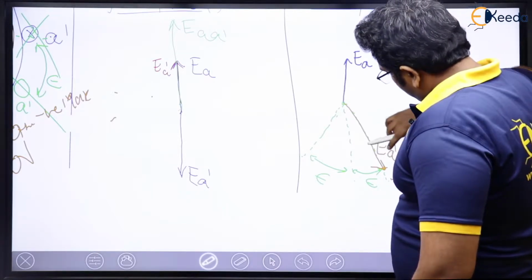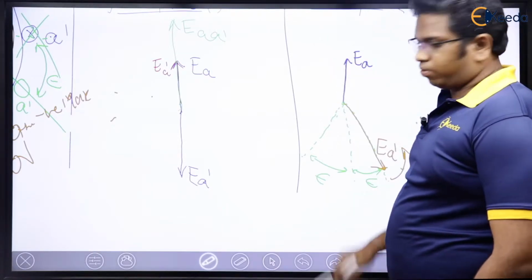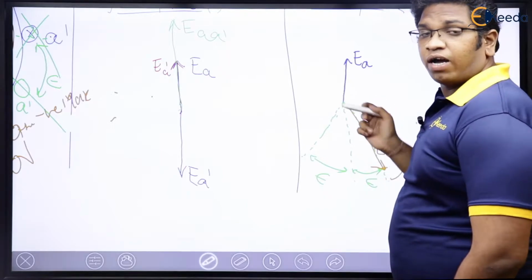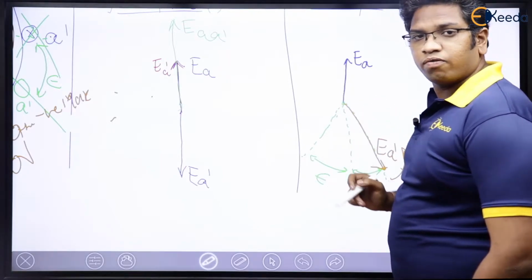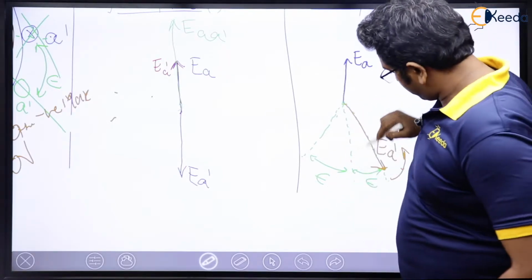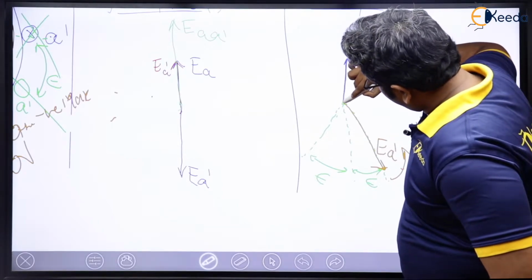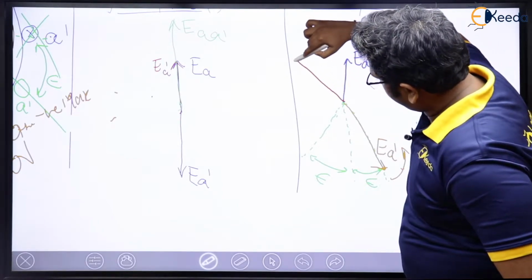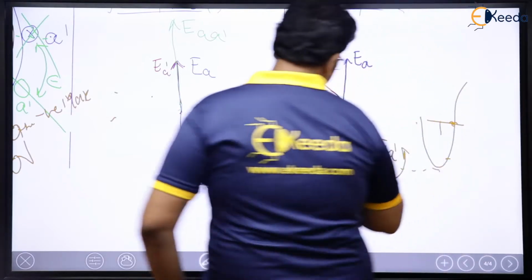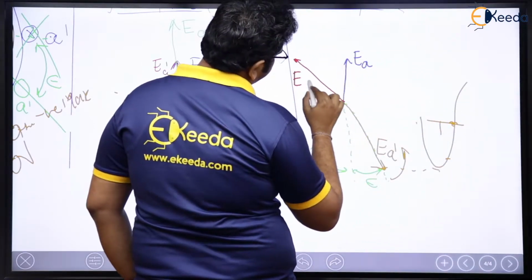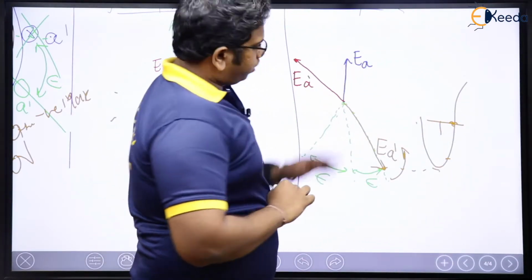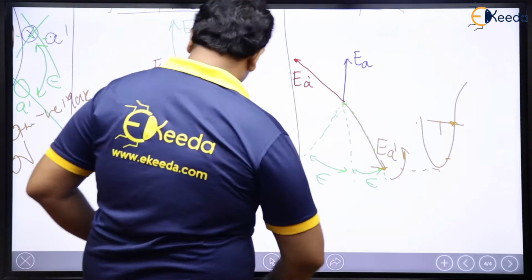Now let me flip this. Flip in the sense, why? Because of back-to-back connection, which means I have to flip this. So I am going to flip this here, this way. How much is this? EA dash. Now let us add them and see what is happening.